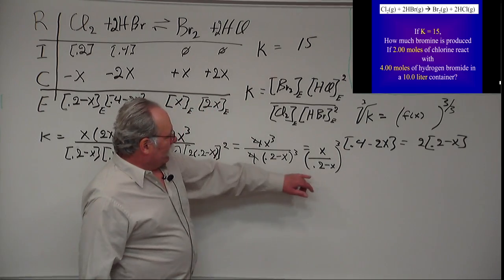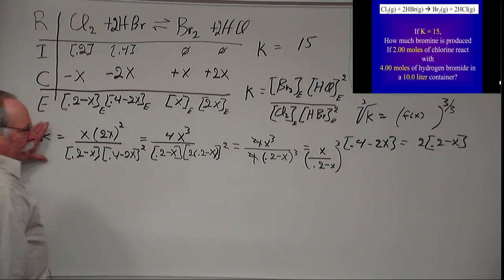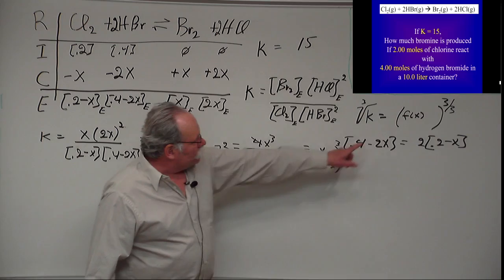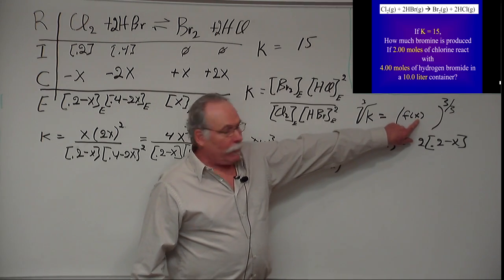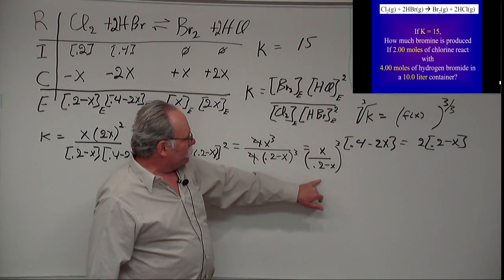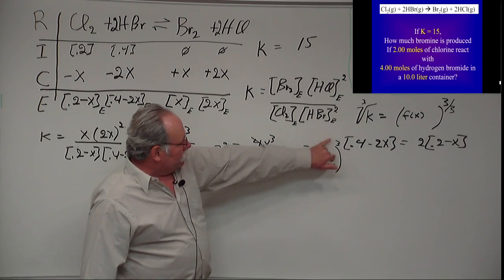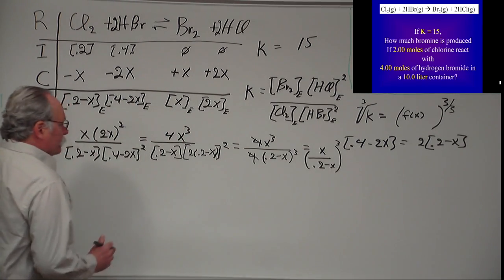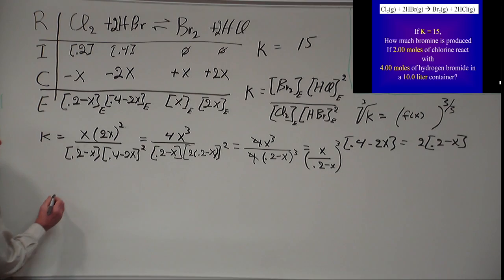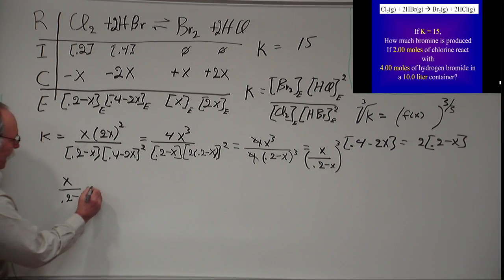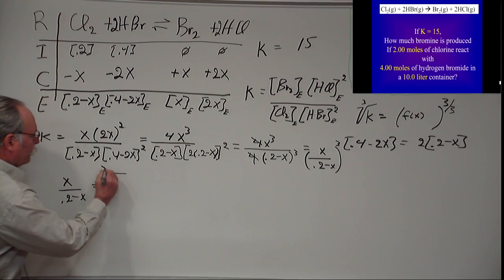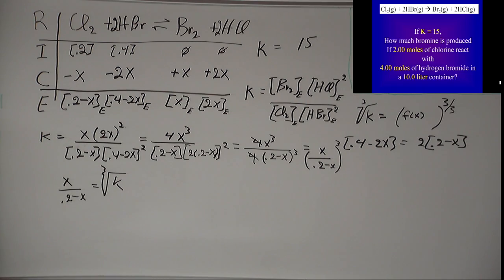So what I've now done is I've said that my k is equal to some function where there's only x to the power of 1, there's no x squareds or cubed or any other power, and that entire function is cubed. So now if I take the cube root of both sides, I have x over (0.2 minus x) equals the cube root of k.